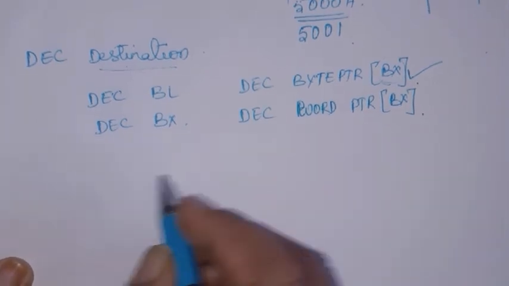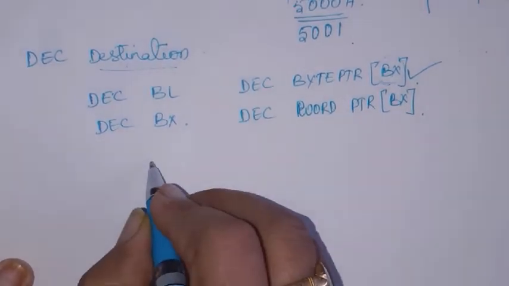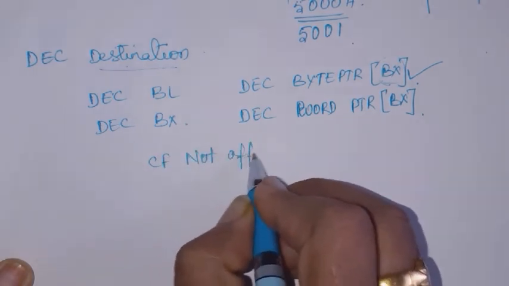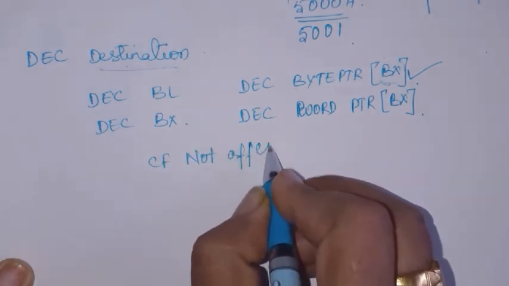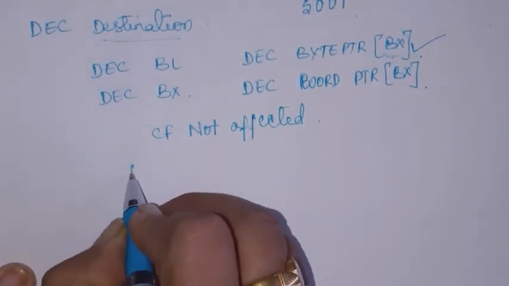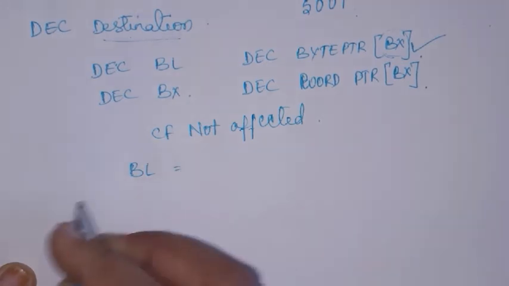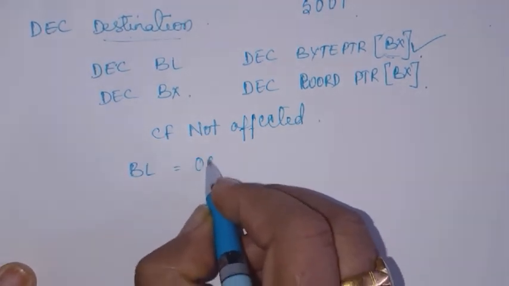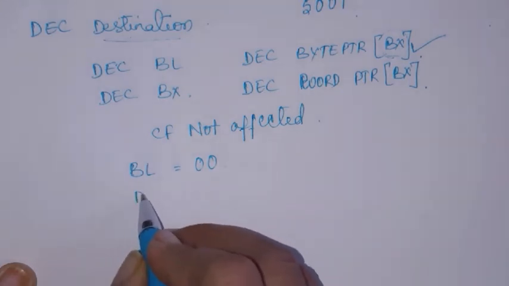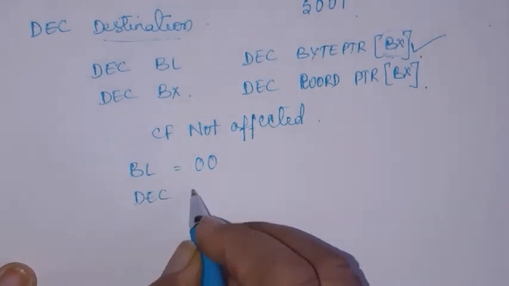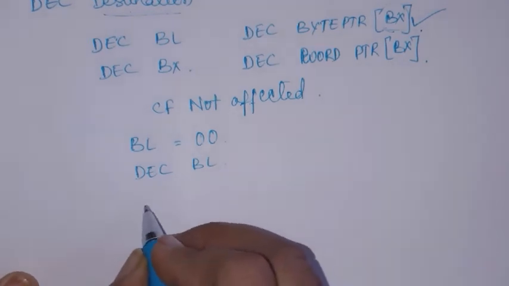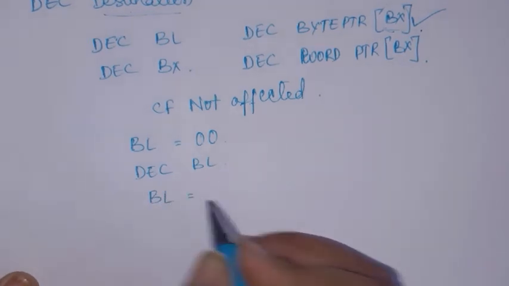Again here also all the flags are affected except carry flag. Carry flag is not affected. Okay, so here if BL is having 0, 0, and if I say decrement BL, what will be the contents of the BL after this instruction?